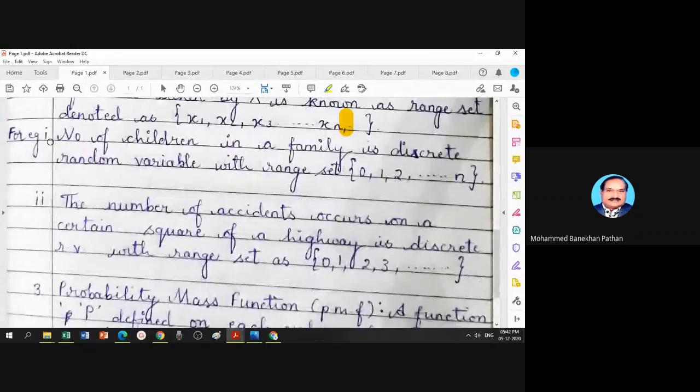Example 1: number of children in a family is a discrete random variable with range set.